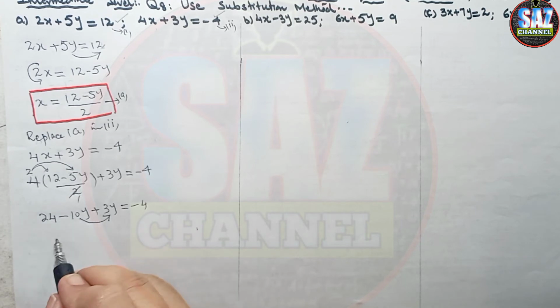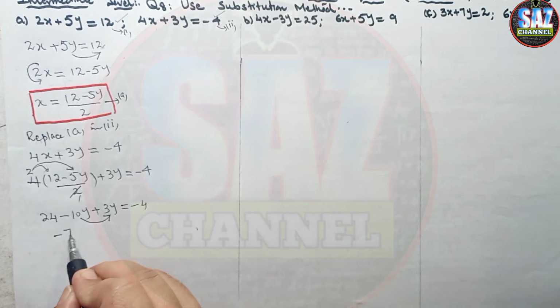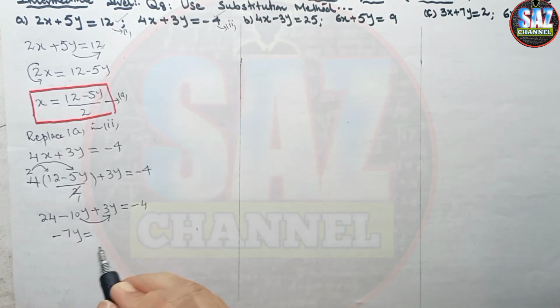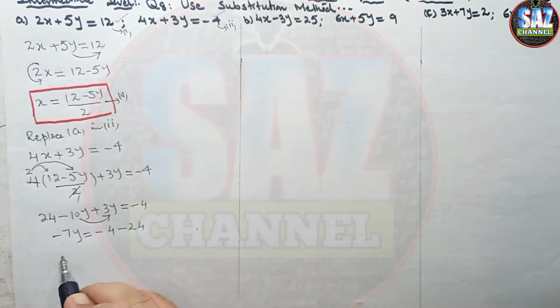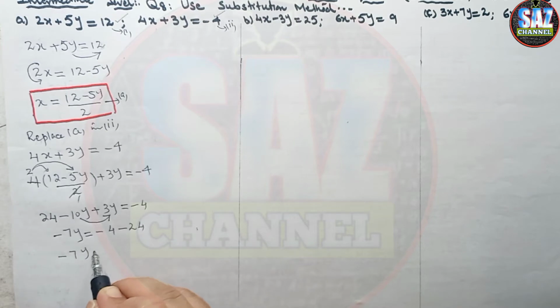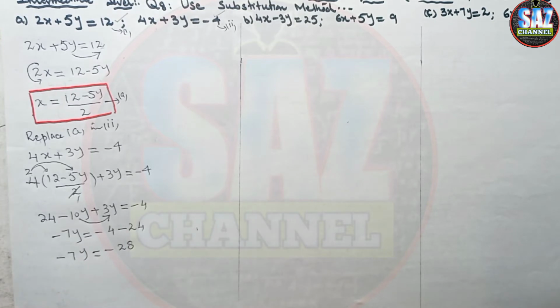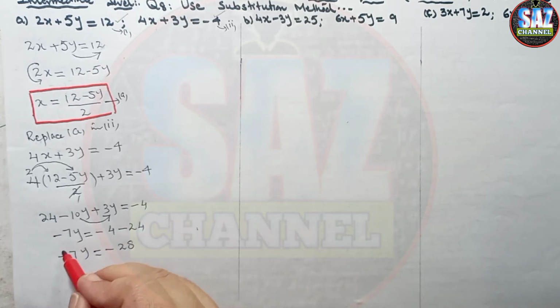Minus 10 plus 3 will give me minus 7y equals to minus 4 minus 24. Now minus 7y equals to minus 28. You should have the command on basic rules of integers and tables.